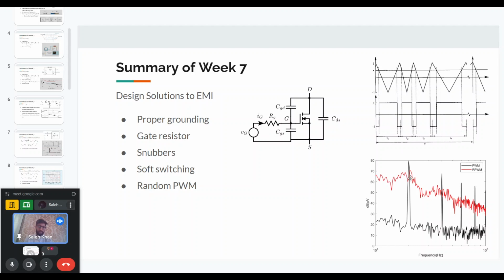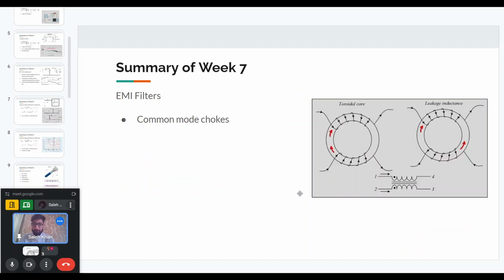It will not be concentrated at particular frequencies, but will be spread across. In that way, if it is done properly, then we can actually satisfy the standards. So this is one method, and there can be other methods of modulation to reduce EMI as well.